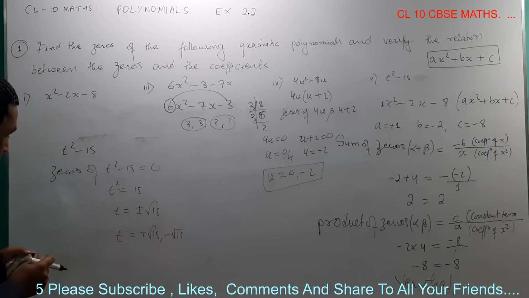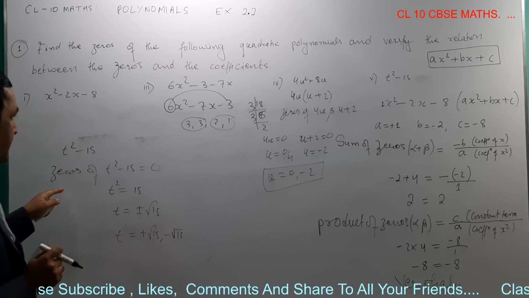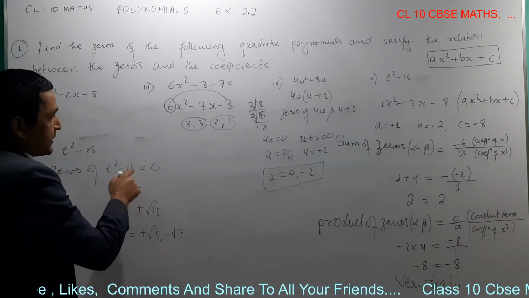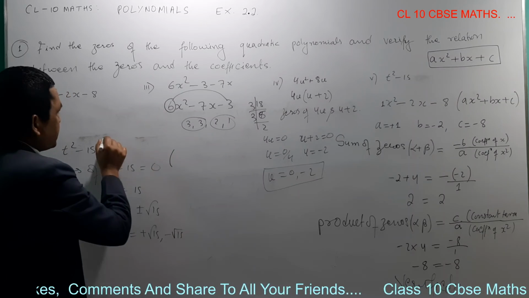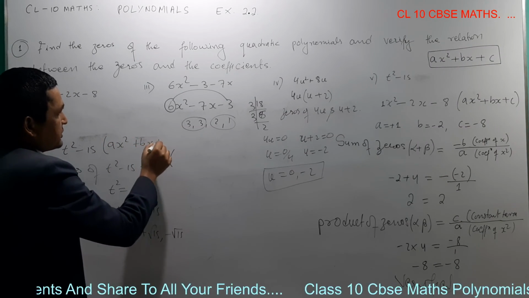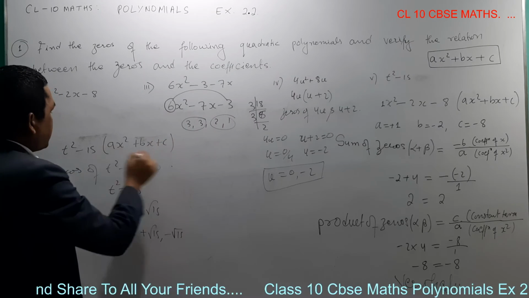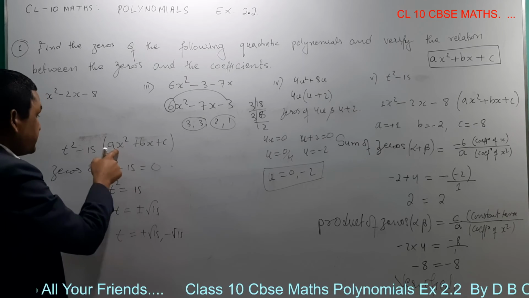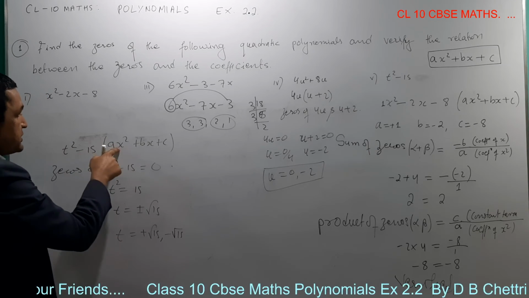Then while finding the values of a, b, c, I think you will get confused. What is the value of a, b, c? Let's compare with a x squared plus bx plus c. Now our equation is in the t variable, but I wrote the standard equation in the x variable, don't get confused. t square and x square are the same thing.